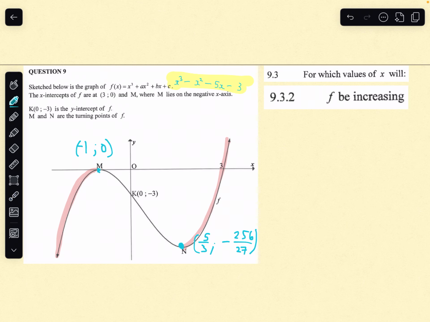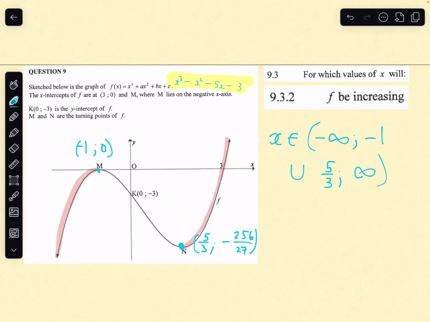So it will be x is something from negative infinity up until -1. Okay, we'll think about the brackets in a moment. And then the next piece is from this point over here, the turning point, 5/3, until positive infinity. We don't have to think hard about brackets with infinity because they're never included. Infinity is never included.